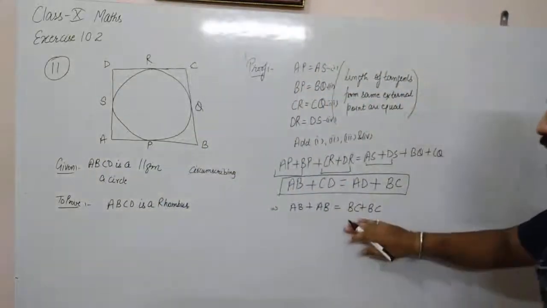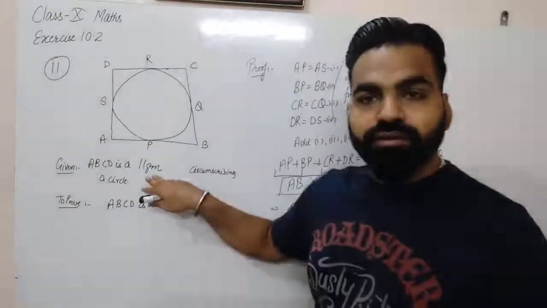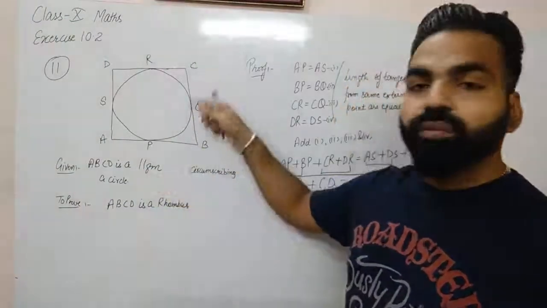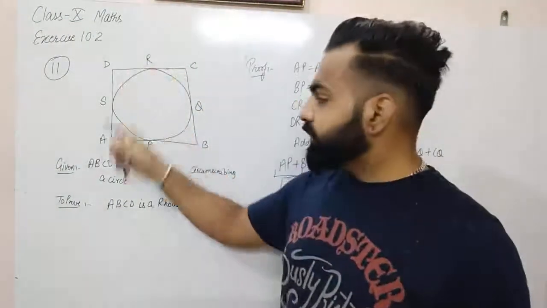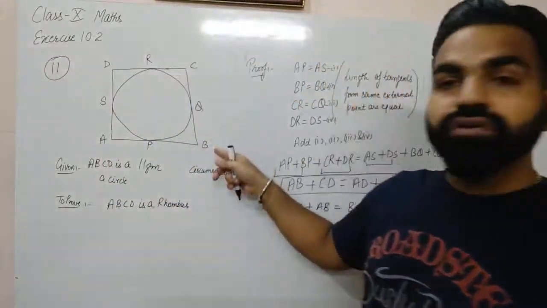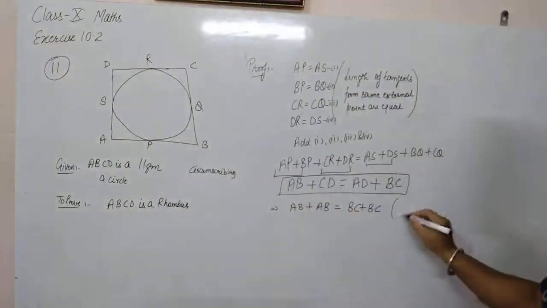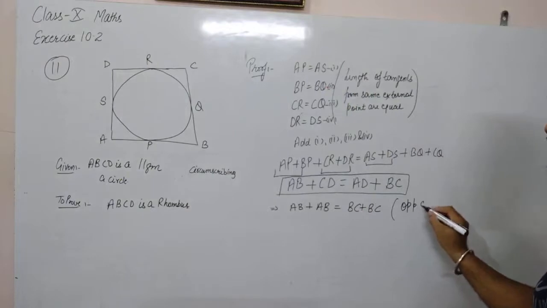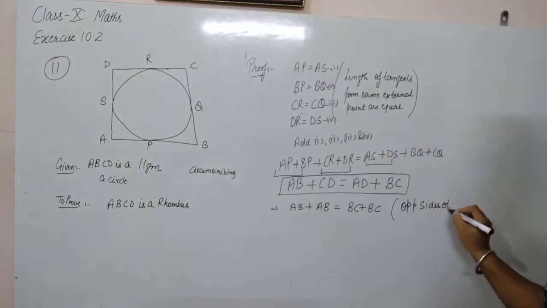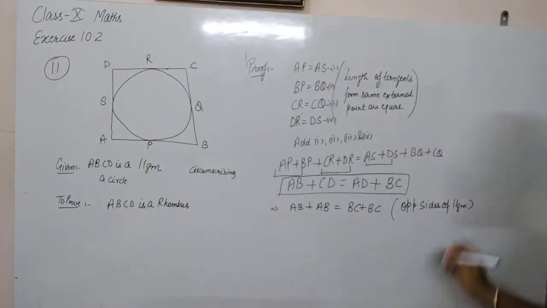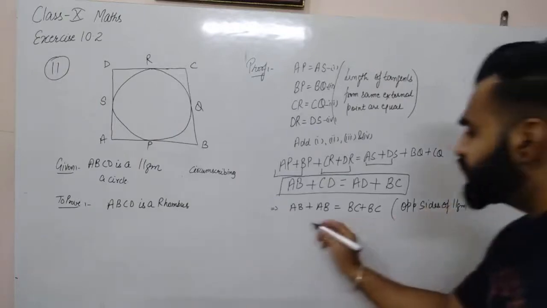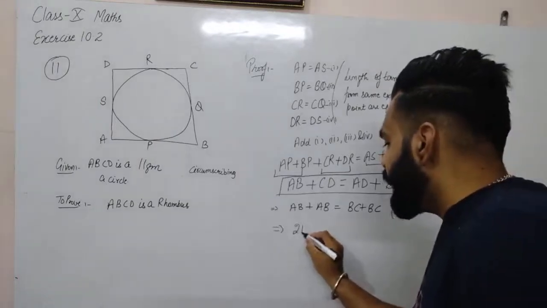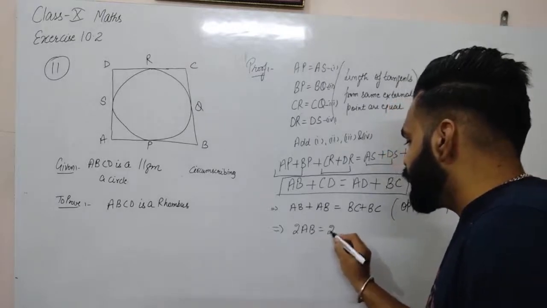How can I do that? Because ABCD is a parallelogram, opposite sides will be equal. So AB will be equal to CD and AD will be equal to BC, opposite sides of a parallelogram. So this will become 2AB is equal to 2BC.